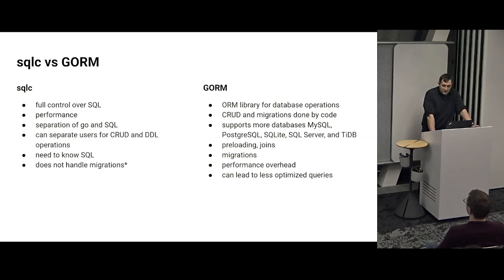GORM has wider support of database backends. You can see those that I named there. You can make joins easier for you, preloading related data. It can do migrations, so you can basically create your schema as you go. And there might be some performance overhead. Again, the amount of the overhead depends on the complexity of your database schema and how much data you have there.